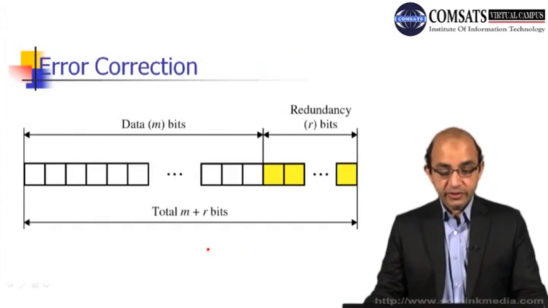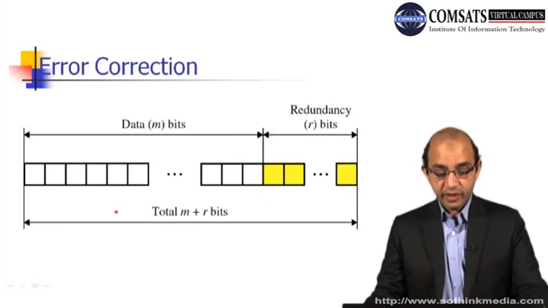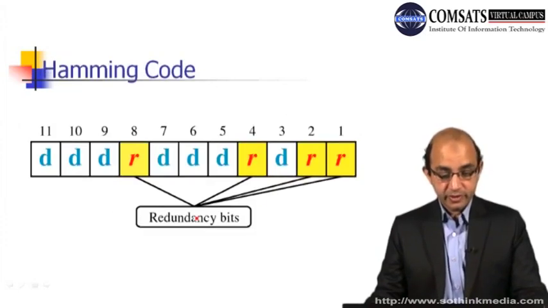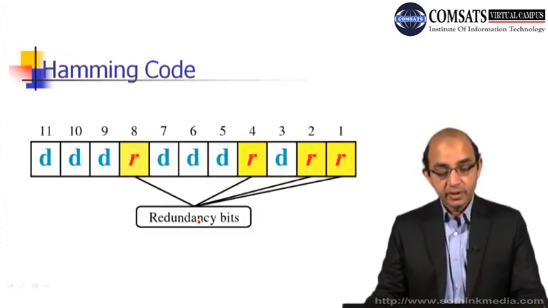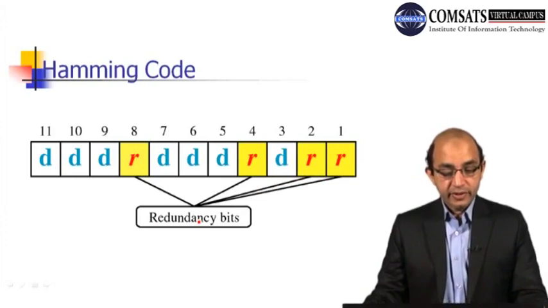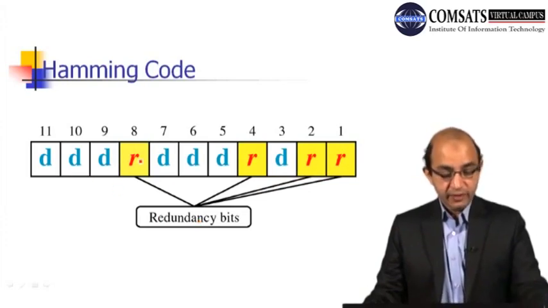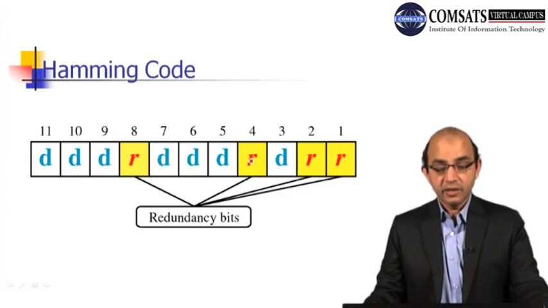So for error correction, you can see data bits and these are the redundant bits, and we have a total of M plus R bits. So we can use Hamming code, right? You can see that these are the data bits, and then we have redundant bits that are introduced in between the data bits, right?